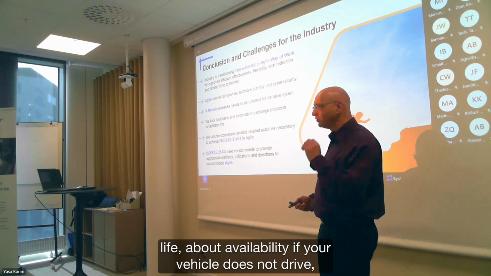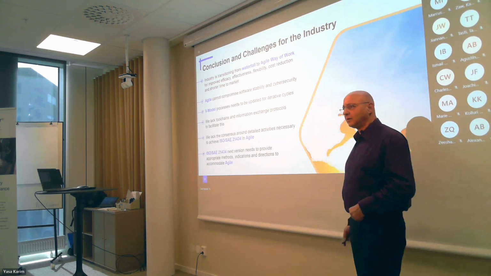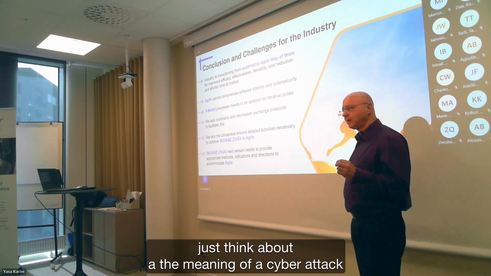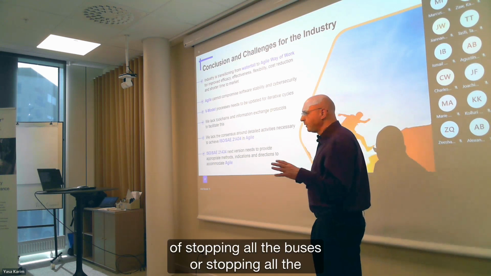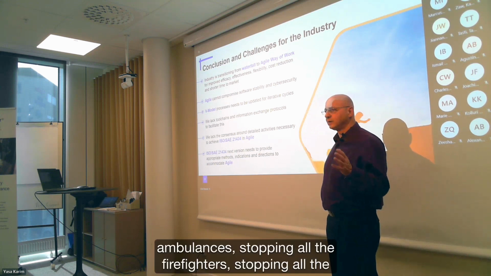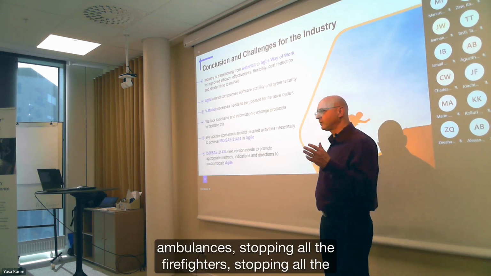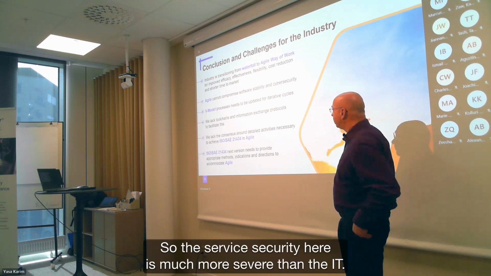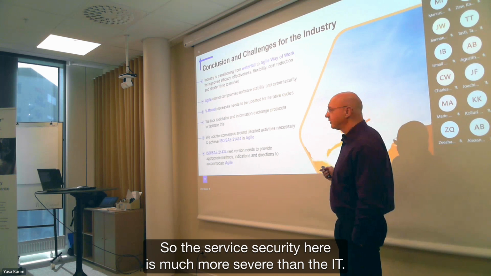If your vehicle does not drive, just think about the meaning of a cyber attack stopping all the buses, or stopping all the ambulances, all the firefighters, all the police cars. So the cybersecurity here is much more severe than in IT.